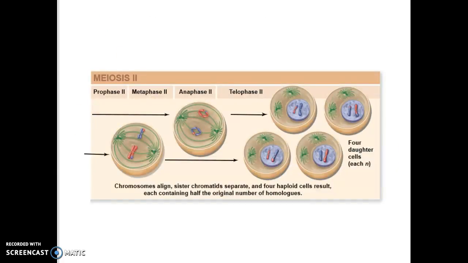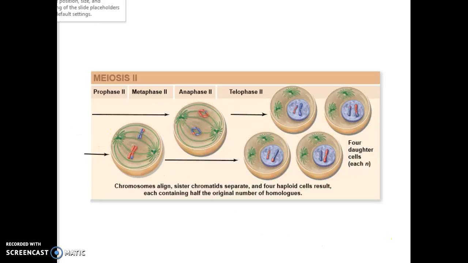Okay? So here's meiosis 2, just re-emphasizing it. Prophase 2, metaphase 2, anaphase 2, telophase 2. As they go through this, we wind up with 4 daughter cells that each contain 23 chromatids. We're going to call those daughter cells haploid.